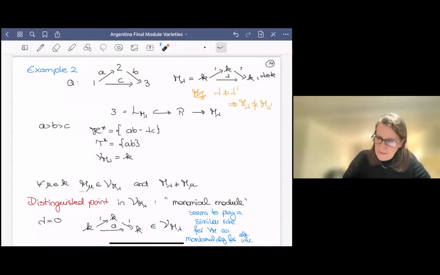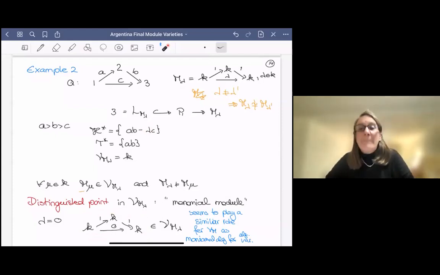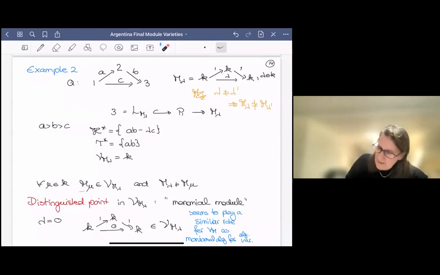But it turns out that in this algebra it's in the variety, in the previous one too, but we have examples where the associated monomial module is not a point in the variety. So while one can define this monomial module, it's not necessarily a point in the variety.